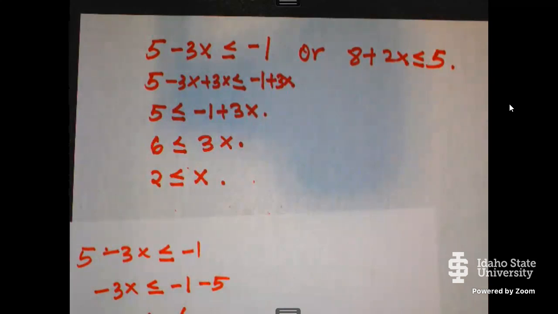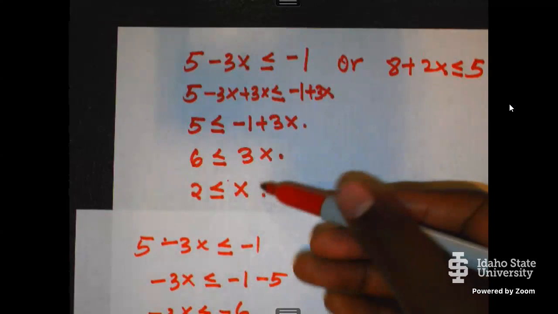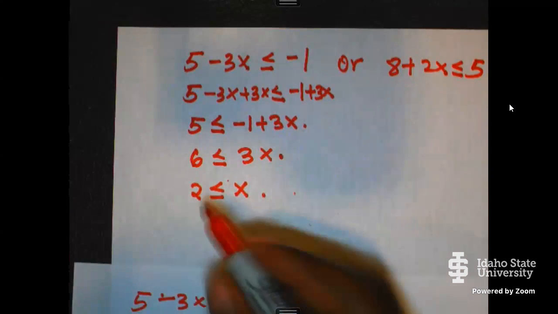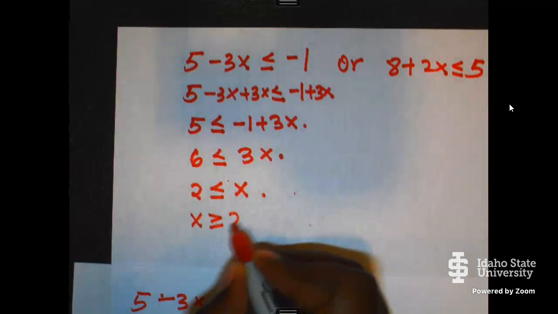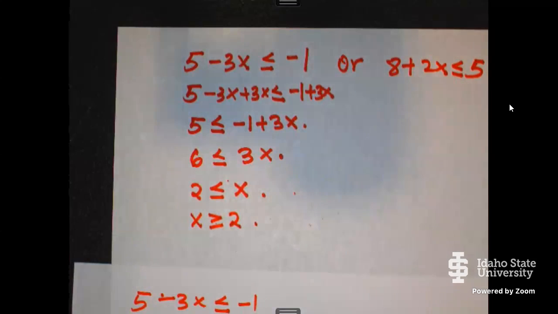It doesn't matter where you put x. Okay? So here we put x on the other side. So it's the same as x greater or equals to 2. It's because you divided by a negative, so the sign changes. Yeah. I see what you're doing. That makes sense. Okay.